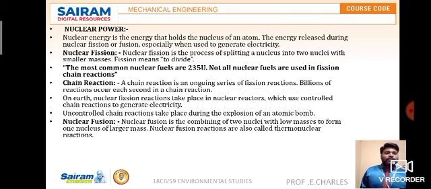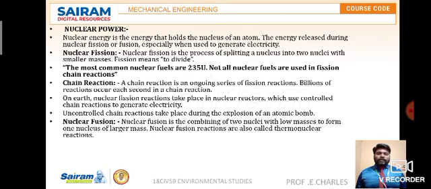Nuclear fusion reactions are also called thermonuclear reactions. For example, take the sun's radiation. Hydrogen and helium atoms come together and combine with each other, and then they produce light energy. That is called sunlight radiation. That is an example of nuclear fusion.